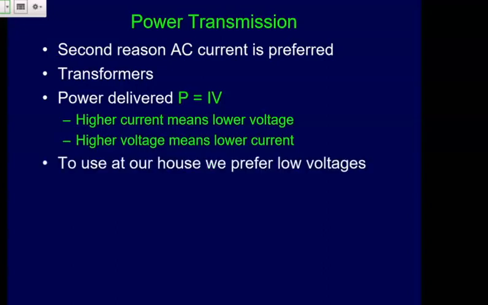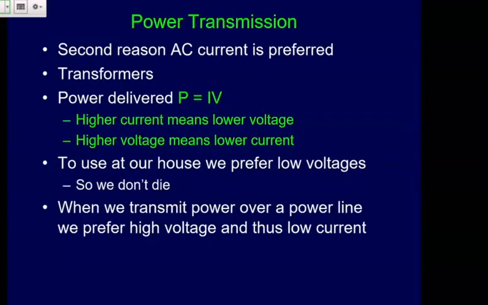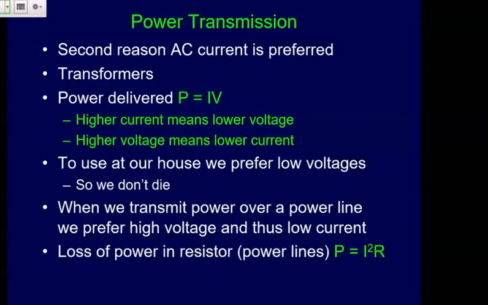In our house, we prefer low voltages. Now, when we transfer the power over a power line, we prefer high voltages and low current because that loses less of the power. So you have this problem, and transformers are a solution to this problem.